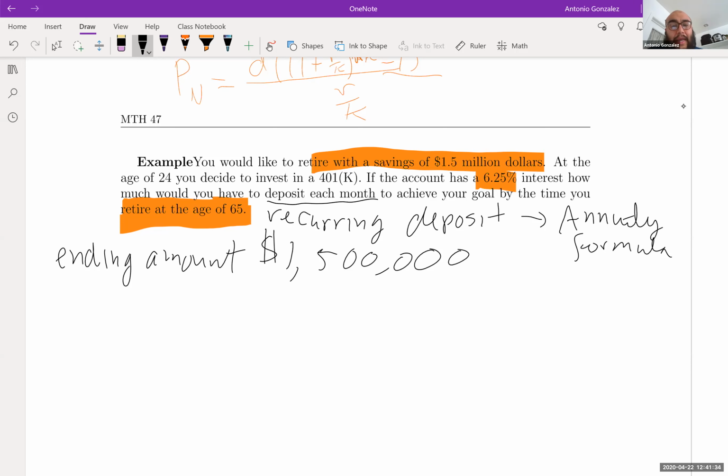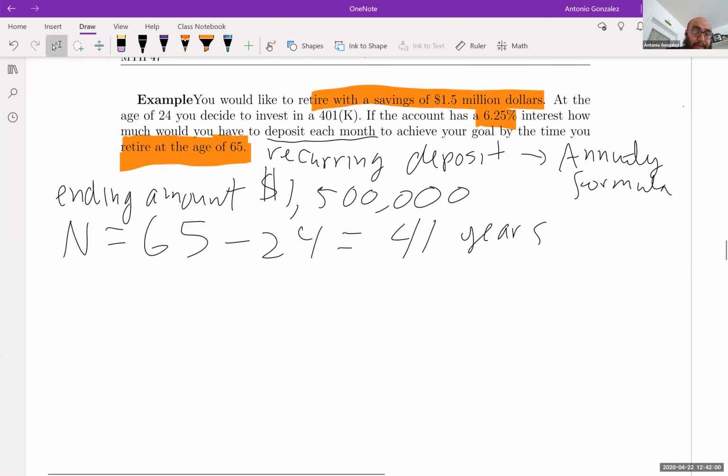Now, in how many years do we want this to happen? If we start at 24 to end at 65, N is going to be the difference in those two numbers. That's how many years we'll be contributing to this fund. So 65 minus 24 is equal to 41.